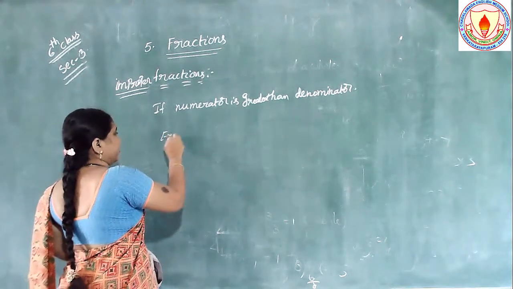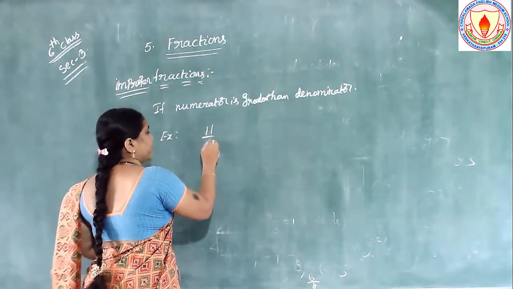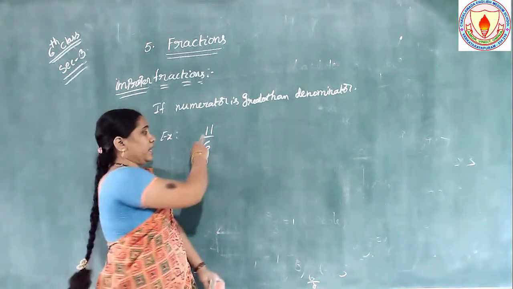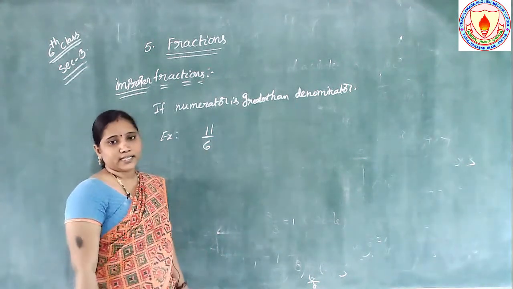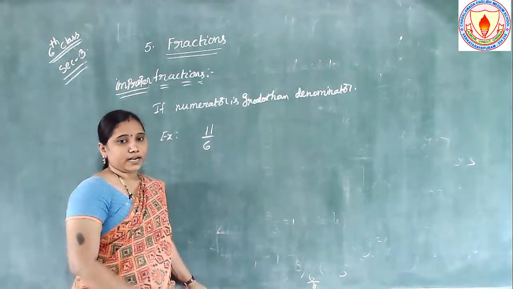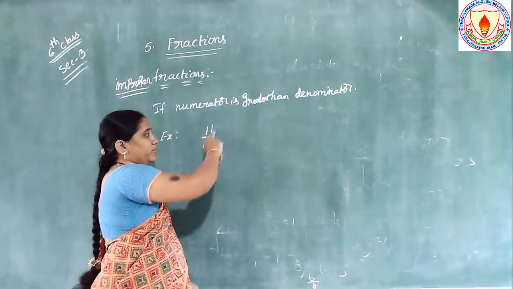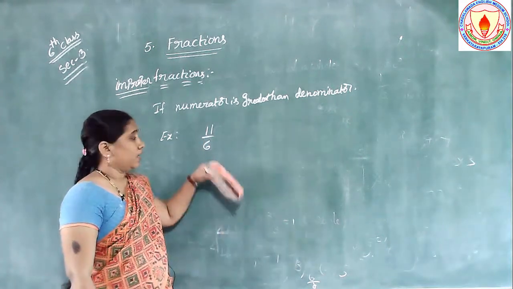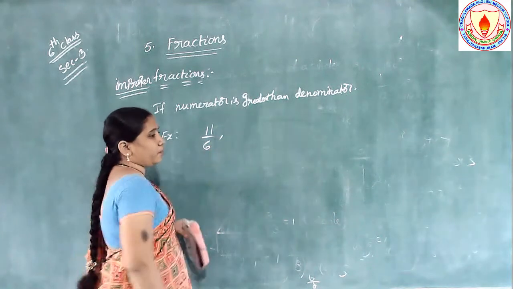Let us see the examples. 11 by 6. Which is the greater value? Numerator is 11, denominator is 6. The numerator is the bigger one, the denominator is the lesser one. So the numerator is bigger than the denominator, and this is called an improper fraction.